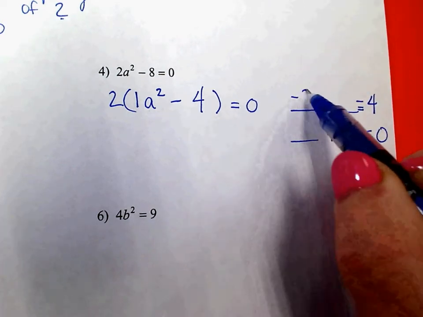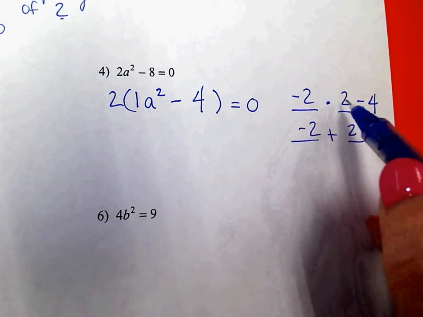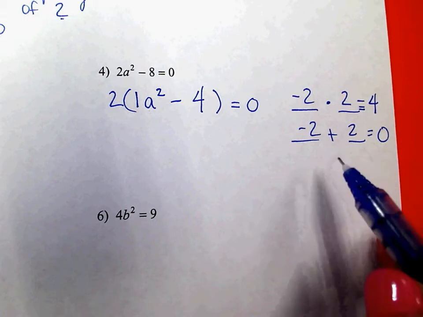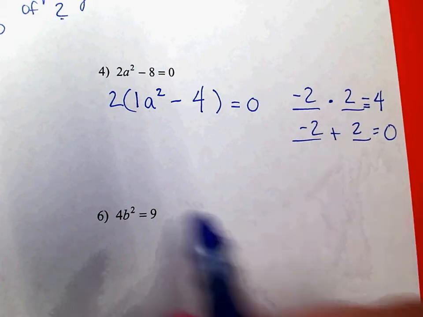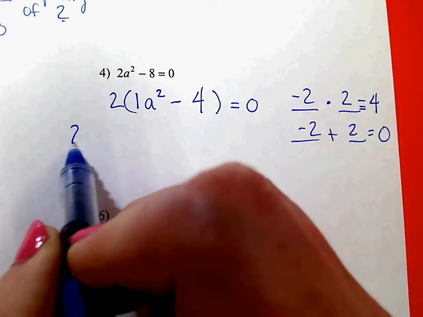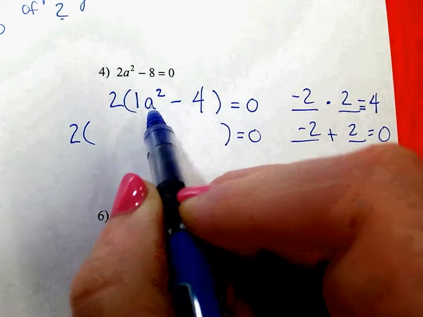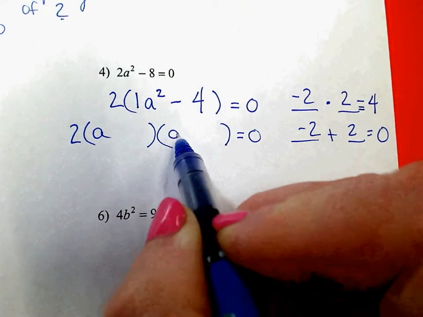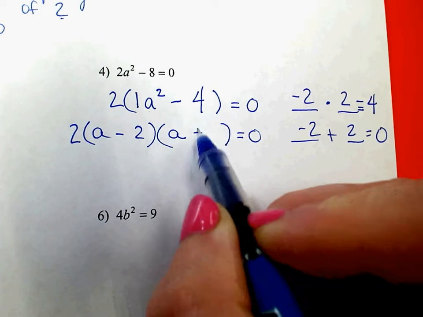I hope you chose negative 2 and 2, because negative 2 times 2 does make negative 4, but negative 2 plus 2 makes 0. So this 2 is just part of my answer when I factor it. And in my parentheses, the a squareds are a's, and the negative 2 and the positive 2 are what I'm using to factor.